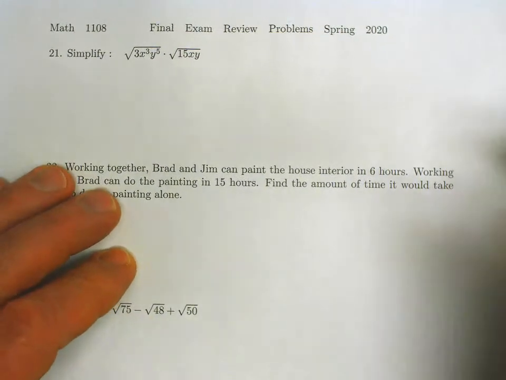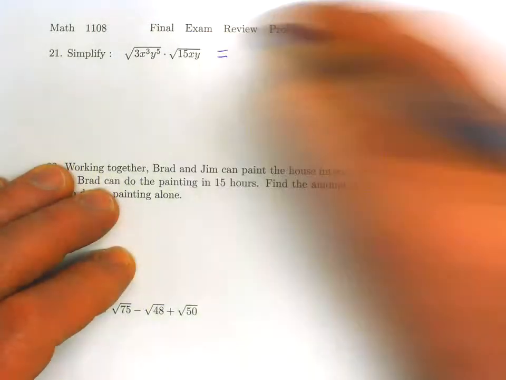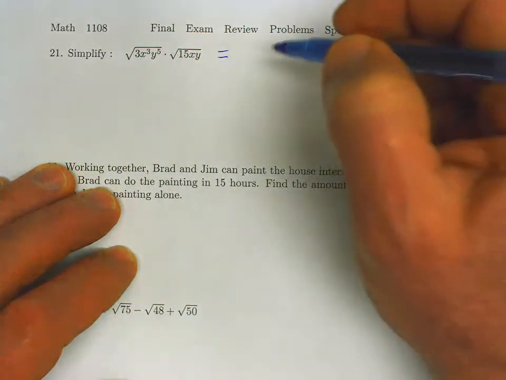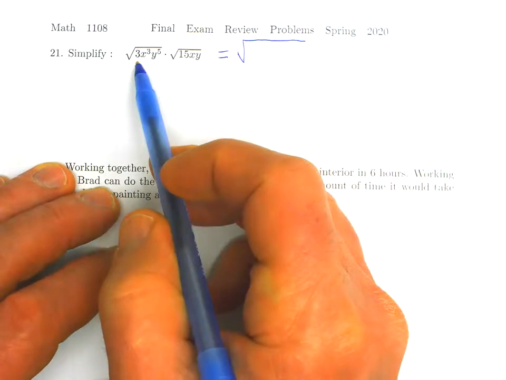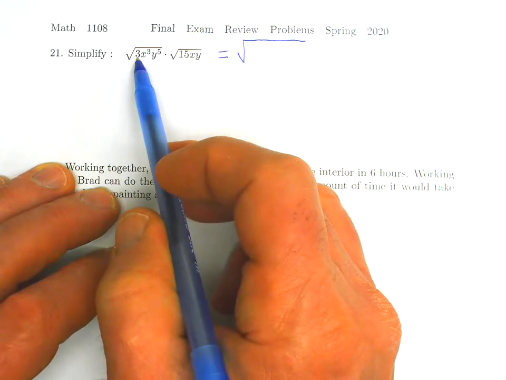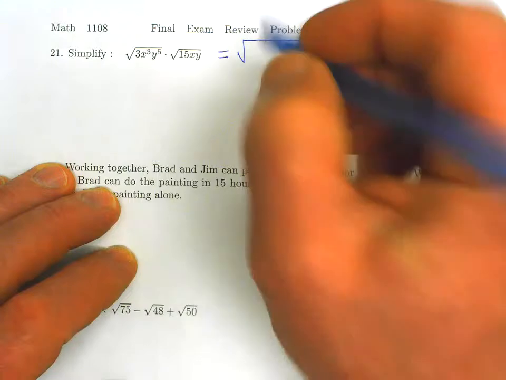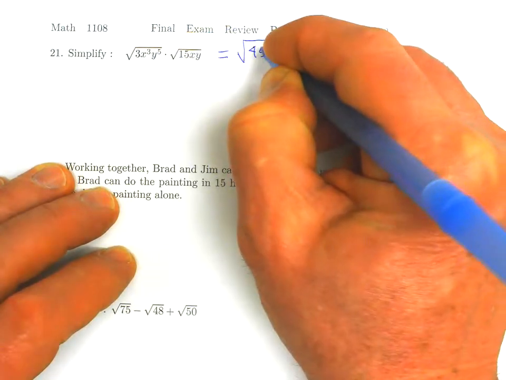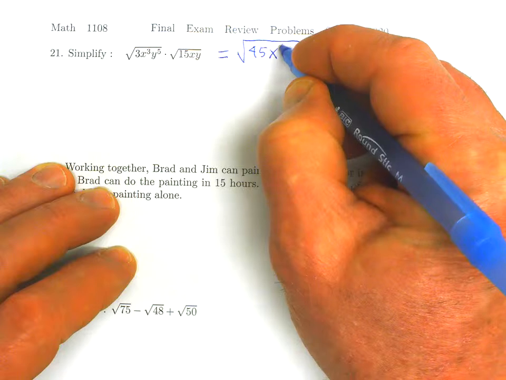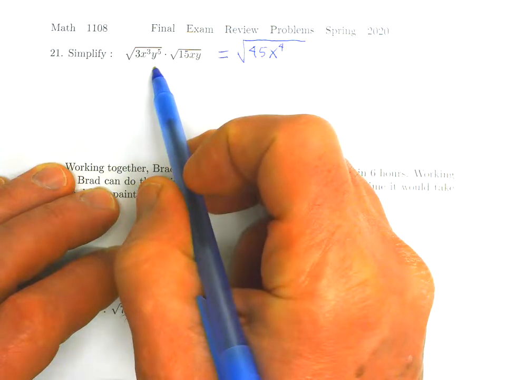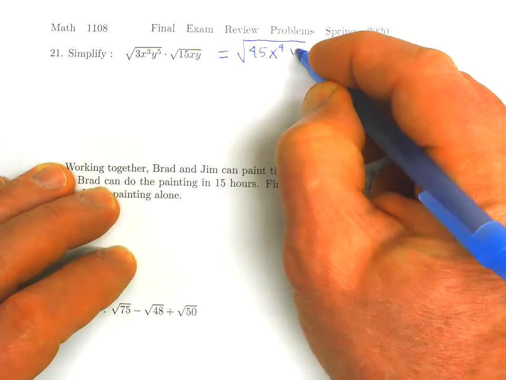My preferred method, since we're multiplying two square roots, is to write it as a single square root and multiply the two radicands. 3 times 15 is 45. X to the third times x is x to the fourth. And y to the fifth times y is y to the sixth.